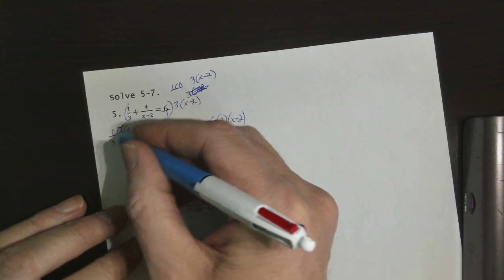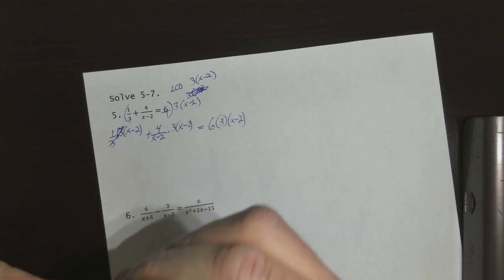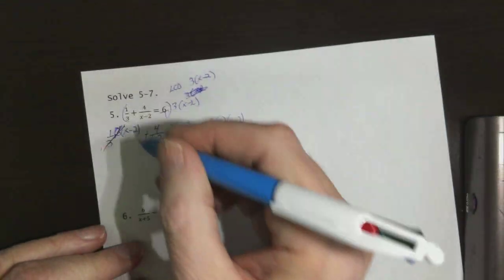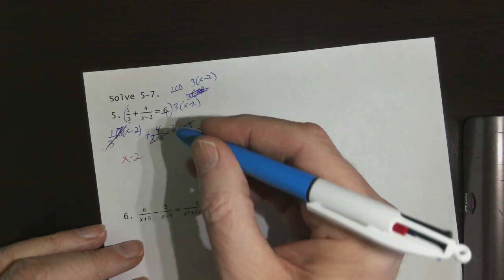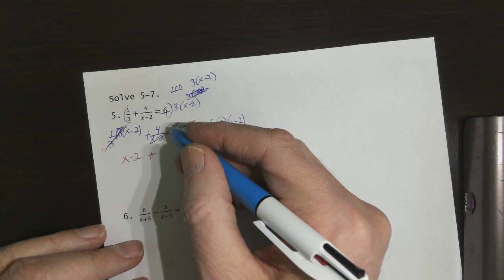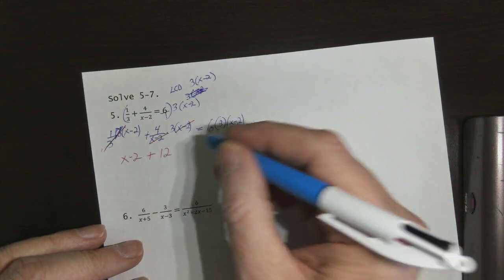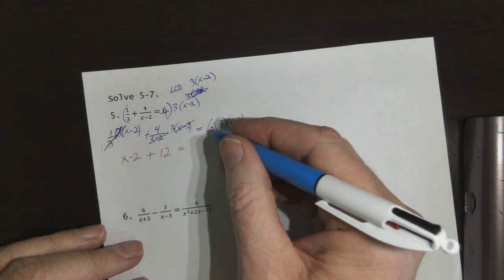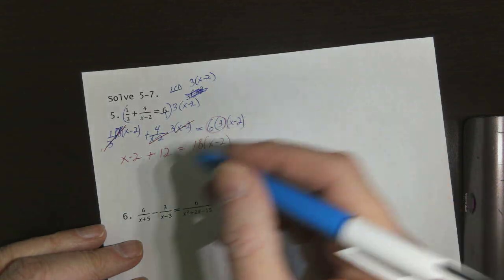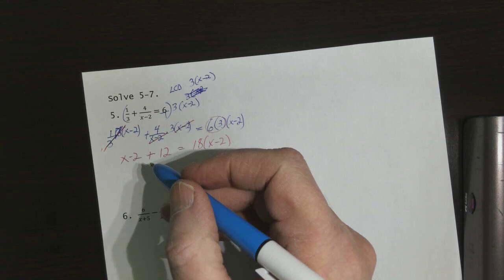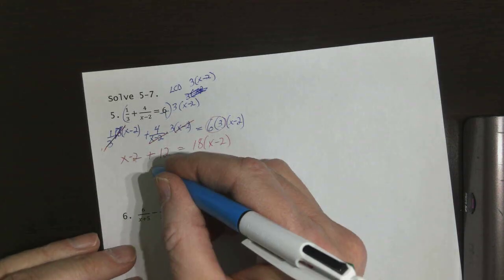The 3's cancel out here. So that's x minus 2. The x minus 2's cancel out here. 4 times 3, that's 12. And that equals 6 times 3, I'm going to write that as 18 times x minus 2. x minus 2 plus 12, negative 2 plus 12 is 10.